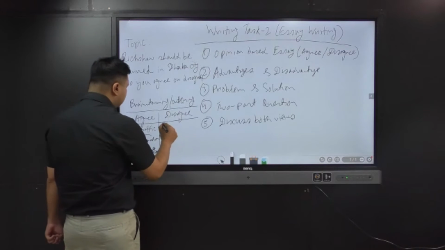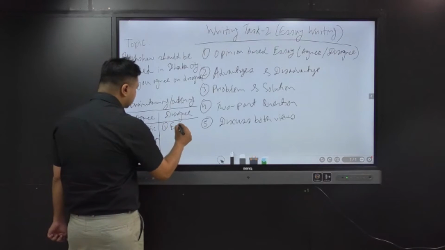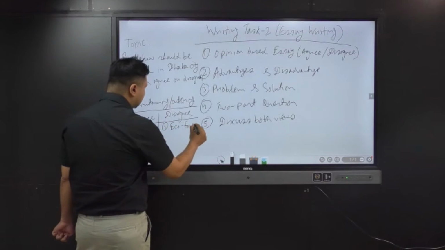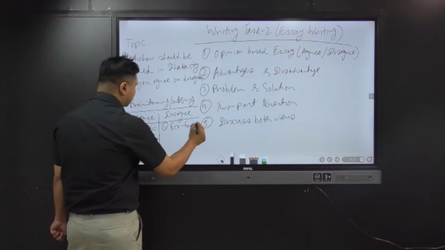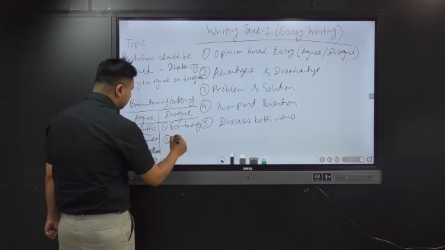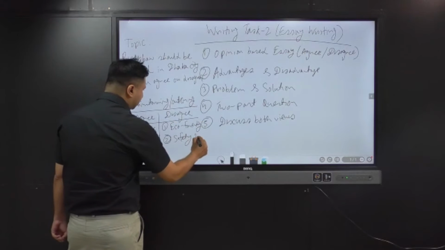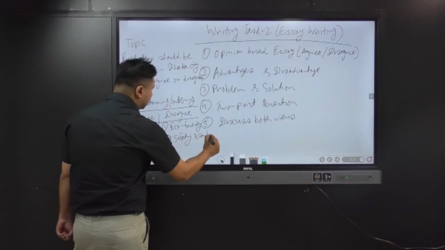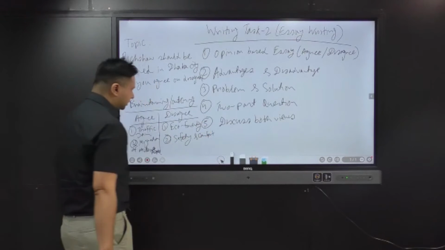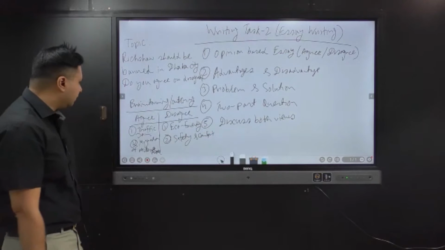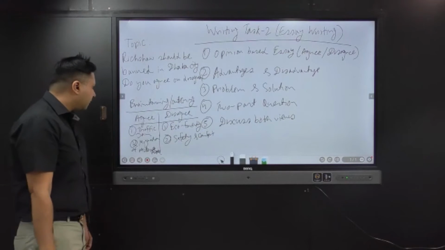In the disagree part, you can write some keywords as well. Later on, I will describe why we are writing this. Safety and comfort. You don't need more than 2 or 3 keywords actually. 2 keywords is fine, more than sufficient.